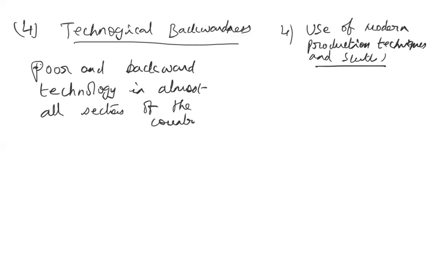So in order to have technological progress, one of the main things the country has to do is incur expenditure on research and development. The other day we saw that if more of the country's national income is allotted to expenditure on research and development, automatically the progress and innovations will take place in the country.